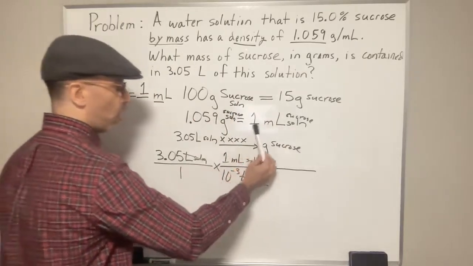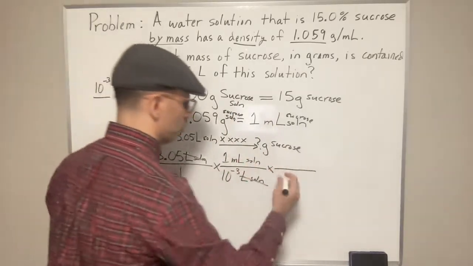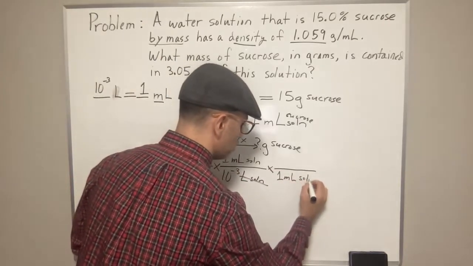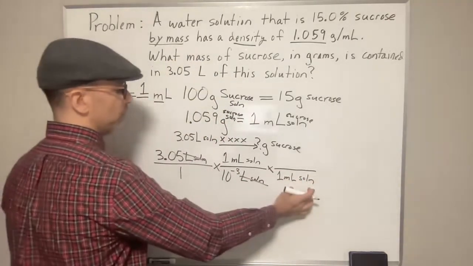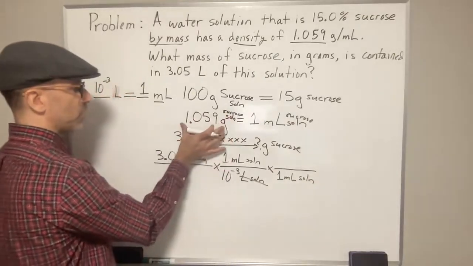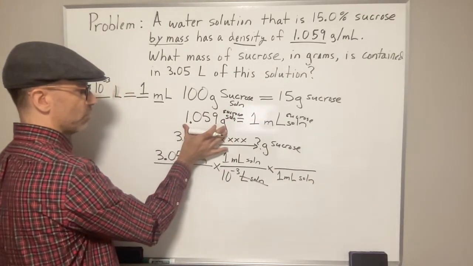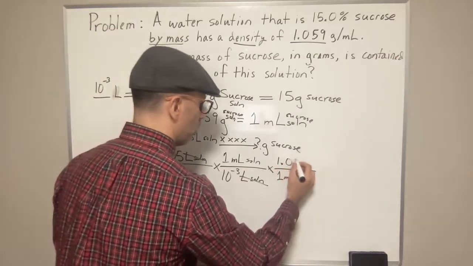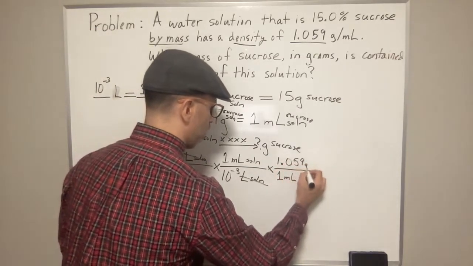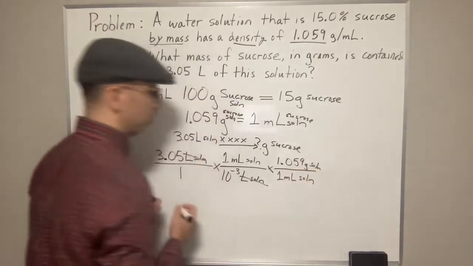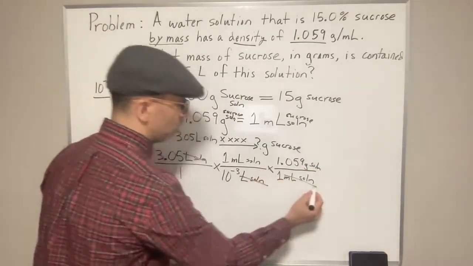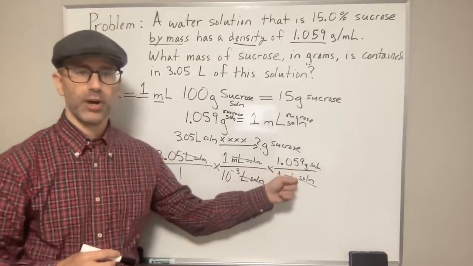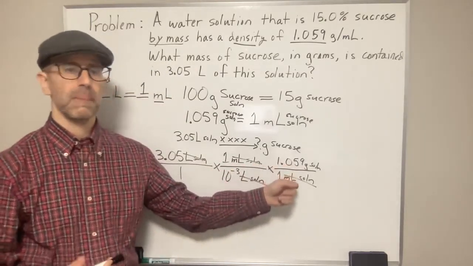So I'm going to put 1 milliliter of sucrose solution, so 1 milliliter of the solution on the bottom. And I'm going to put the grams of sucrose solution on the top. So 1.059 grams of solution. So milliliters of solution cancels out. Now I have grams of solution.